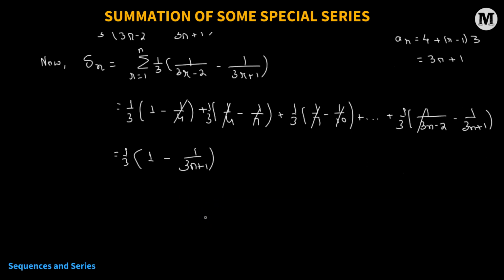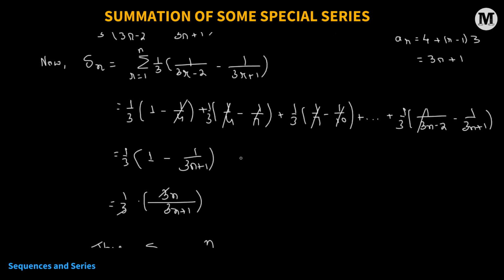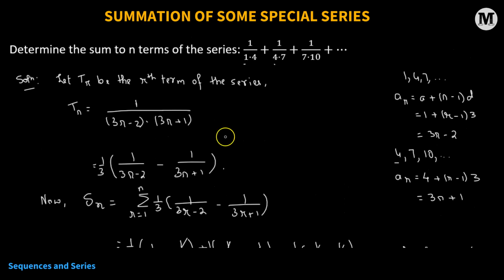So let's combine them. That gives us 1 over 3 multiplied by 3n divided by 3n plus 1. We can factor out the 3 from the numerator and the denominator, and therefore we have the final sum. Thus, the final sum S_n is equal to n divided by 3n plus 1. This is the sum to n terms of the given series.